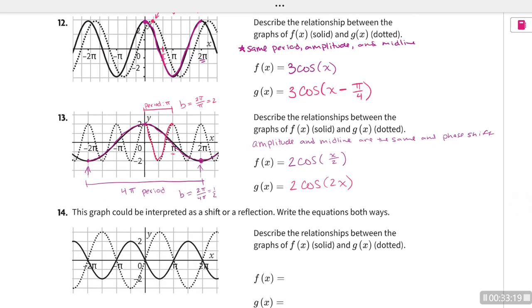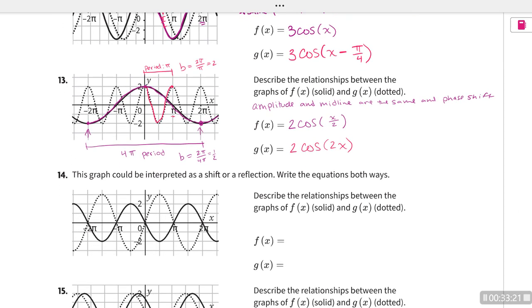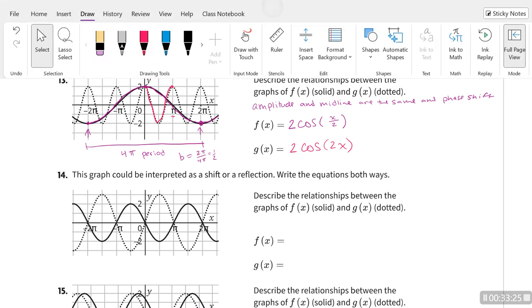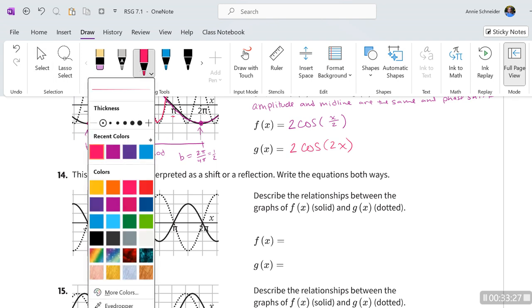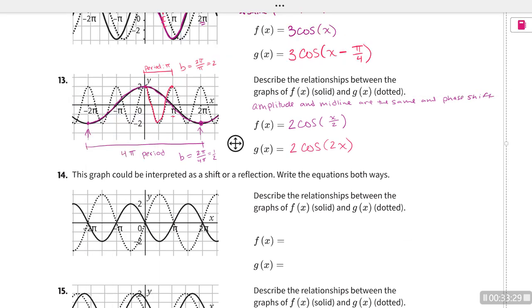Okay. Question 14. So here our amplitudes are different. Our amplitudes are definitely not the same. So let's look at our solid graph first. It looks like our maximum values are 2 and negative 2. So we have an amplitude of 2. And since it's starting at the midline but decreasing, let's make this a negative 2 to show that we're decreasing.